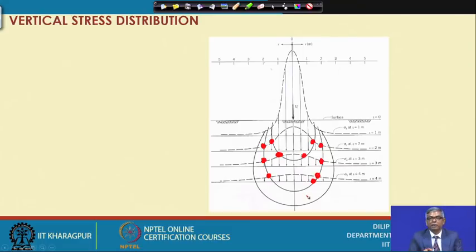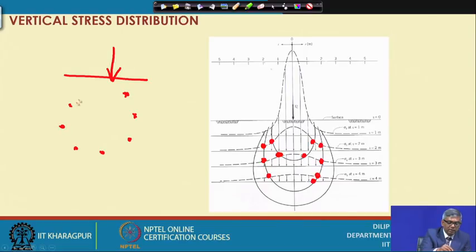So, like that, when I apply a load on the ground surface, I will get several points like this. Maybe at this point and this point, r and z are the same, but at this point and this point, r and z are the same, but they are different from here.